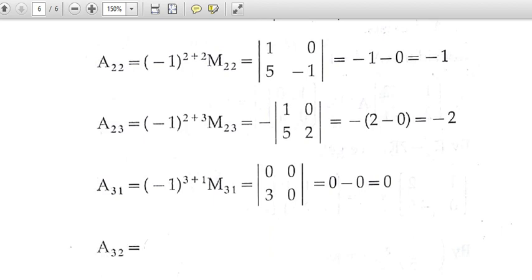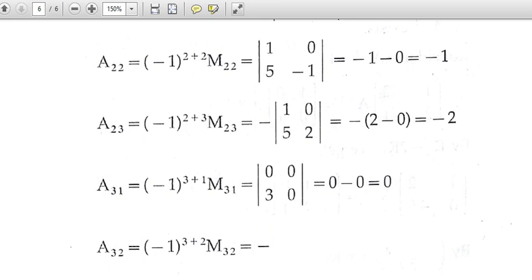Next cofactor is A32. So A32 is equal to minus 1 raised to 3 plus 2 into M32. Now minus 1 raised to 3 plus 2 is equal to minus 1 raised to 5. And 5 is an odd number, therefore we will get sign minus.